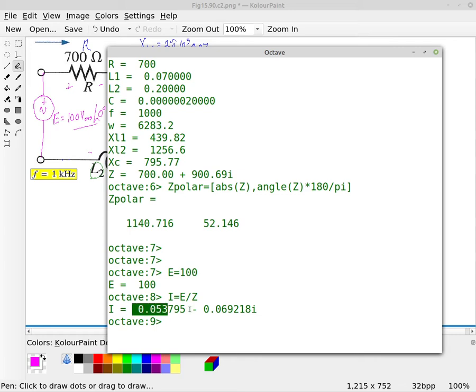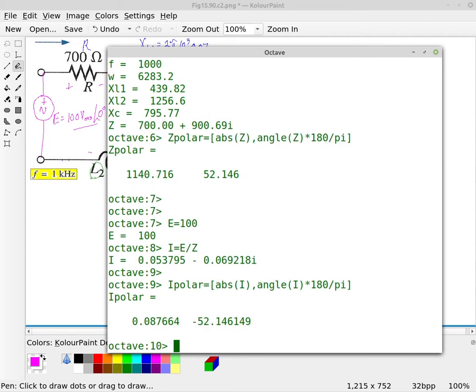All right, so this is the rectangular form of our current, but we really don't want to see the rectangular form of the current. We want to see the magnitude and the phase angle. So we want the polar form of the current. And so again, we just use the absolute value of I this time, and the angle of I times 180 degrees divided by pi.